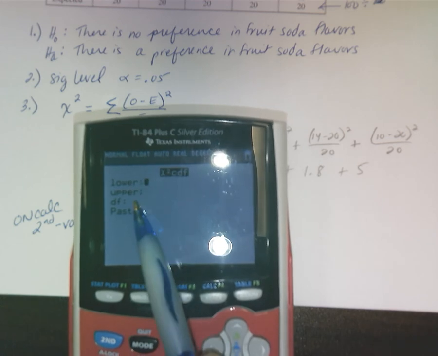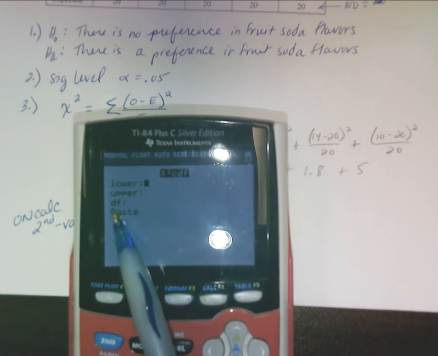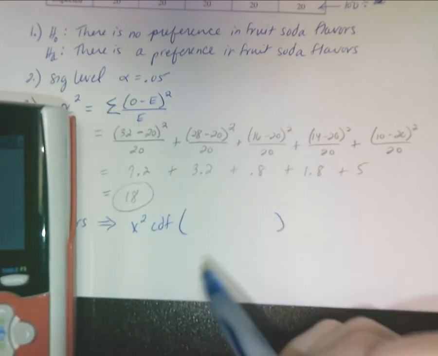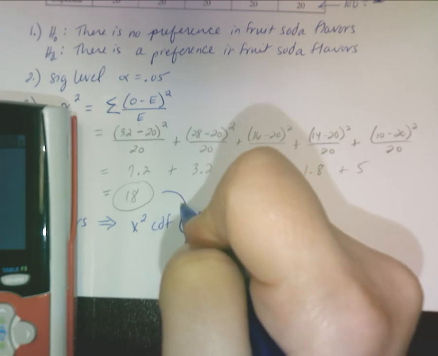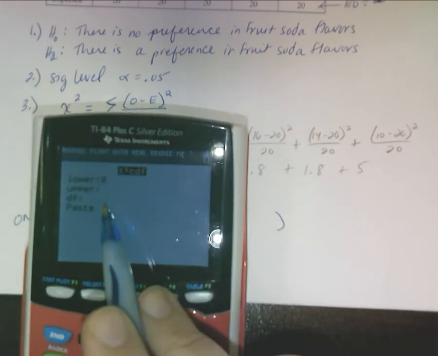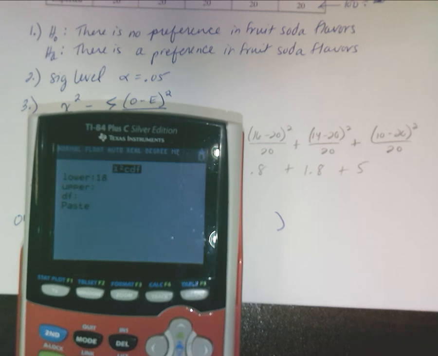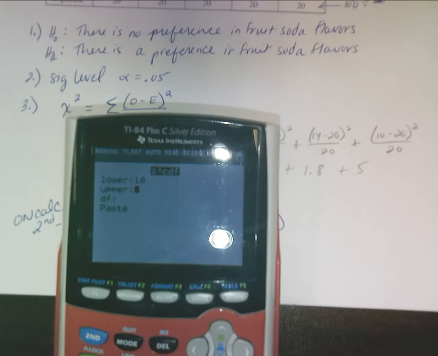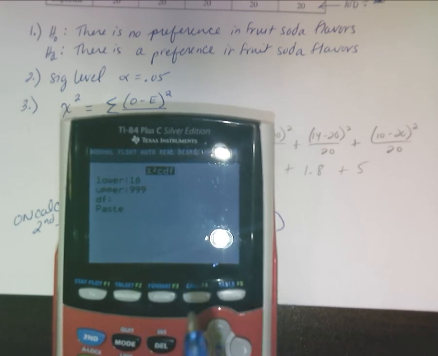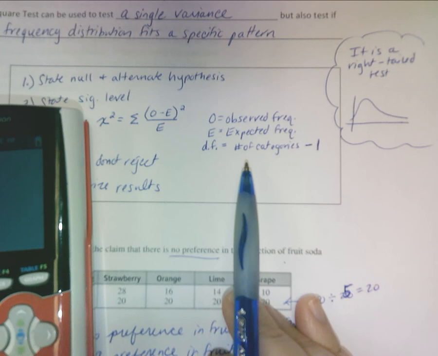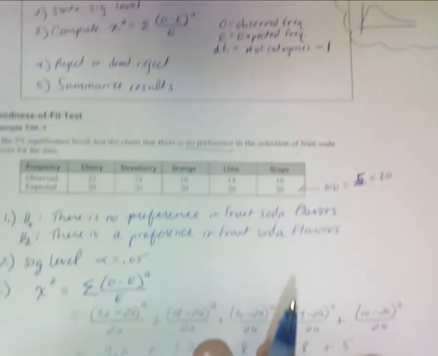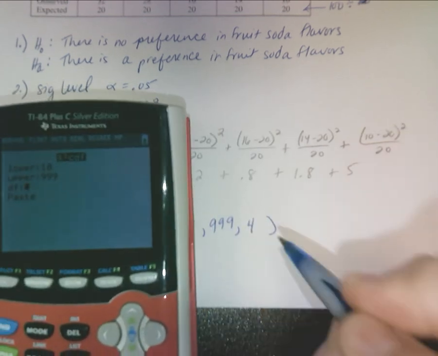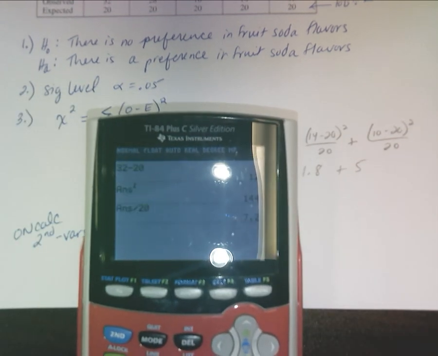A lower number, an upper number, degrees of freedom. The lower number is always what you got here. So 18. Your upper number, since it's right-tailed, 9. Your degrees of freedom, remember, degrees of freedom, number of categories minus 1. Since we had 5 categories, minus 1, that would make 4. Hit enter.